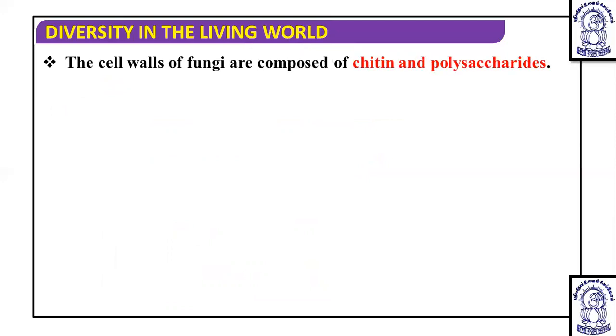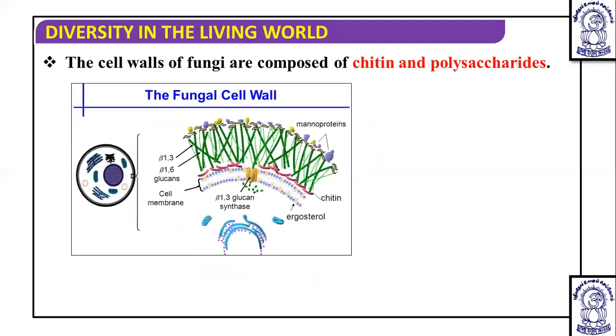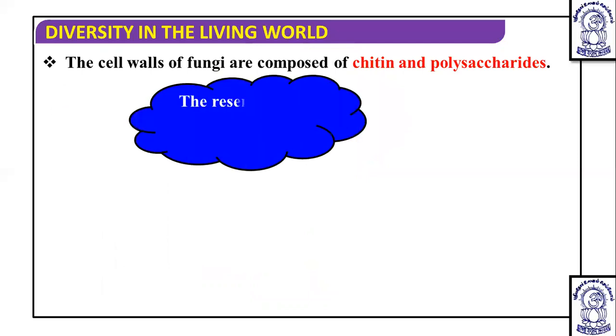So the cell wall of fungi is composed of chitin and polysaccharide. Chitin is mainly present in this case. And when we see the fungal cell wall, you can see this type of structure. This detailed structure is not required, but you should remember chitin is there, and this chitin is a polymer of N-acetyl glucosamine.